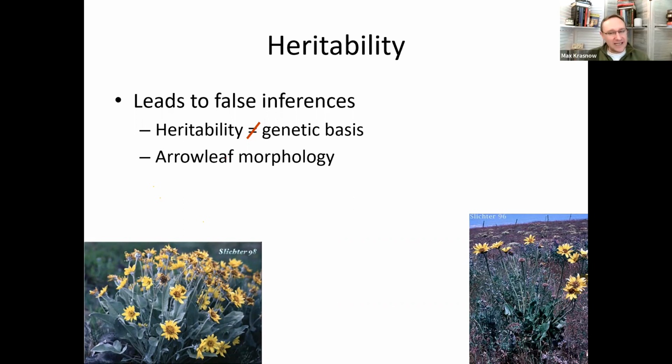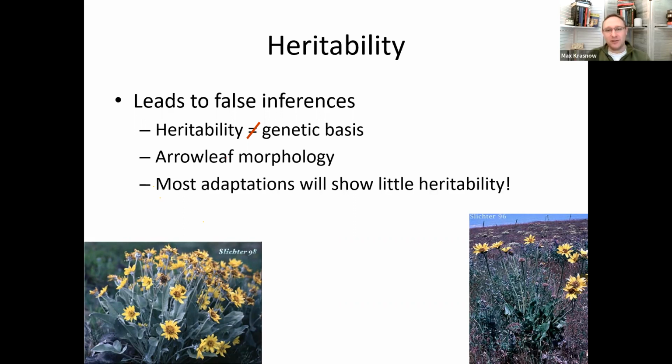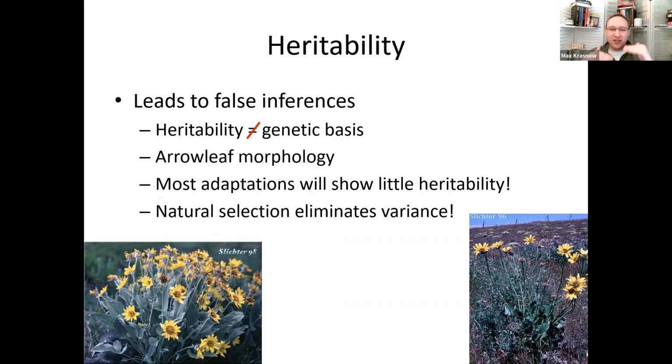And actually, the really non-intuitive thing to most people is that adaptations are going to show little heritability. Why? Well, if you think about how natural selection acts on different variations in a gene, when some of those perform better and the others perform worse, the worse performing ones are going to disappear and the better performing ones are going to spread, basically eliminating the variance in the trait.